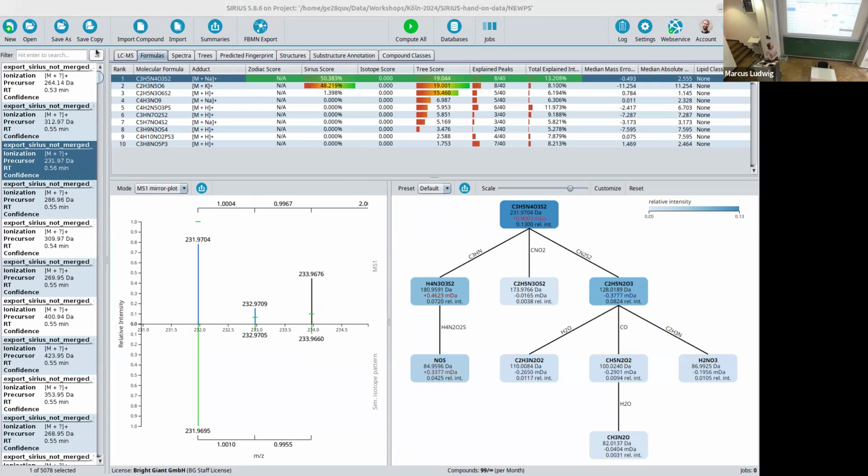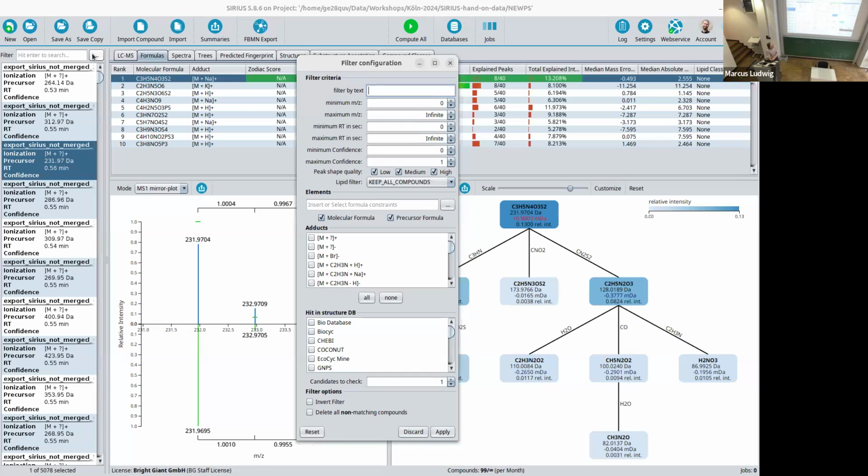I start maybe filtering by clicking here and providing some reasonable ranges for retention time and mass. So let's say we only focus on compounds with a mass of 200 to 600 and a retention time of 2 minutes to 10 minutes. Then we should get rid of all the strange stuff at the beginning and the end of the column.